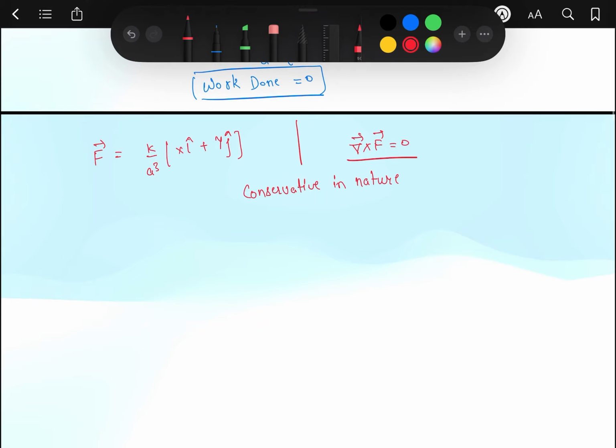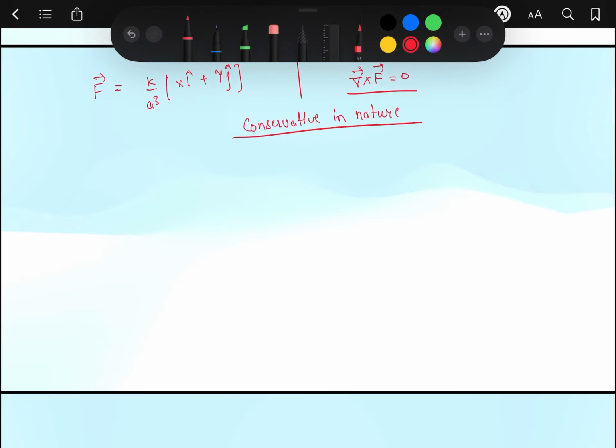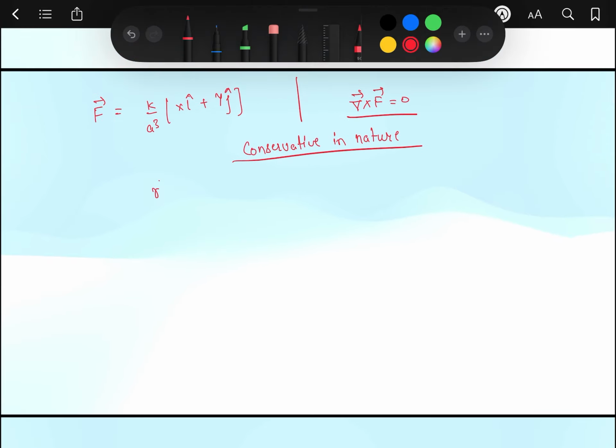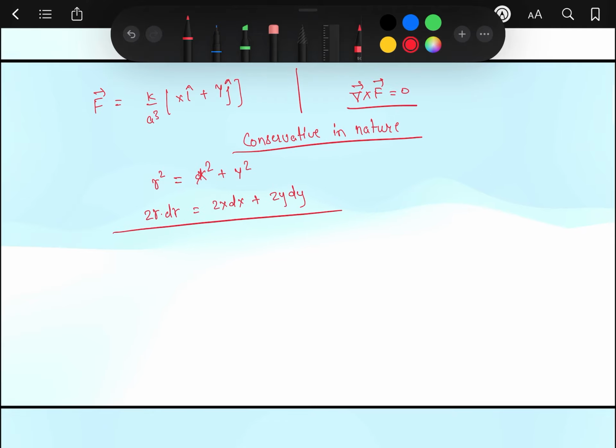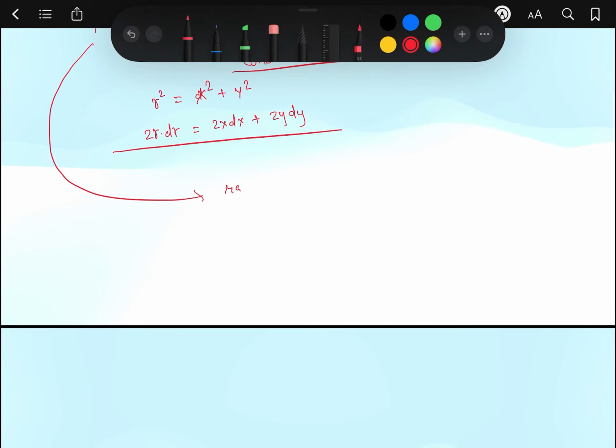And we can also see that for this radius vector we always write r square is equal to x square plus y square, and if I differentiate both sides, then 2r dr will be equal to 2x dx plus 2y dy, right? So here this force will always be acting in the radially outward direction.